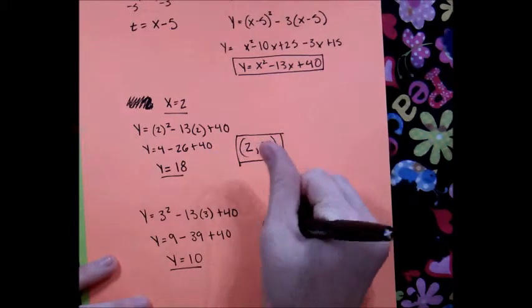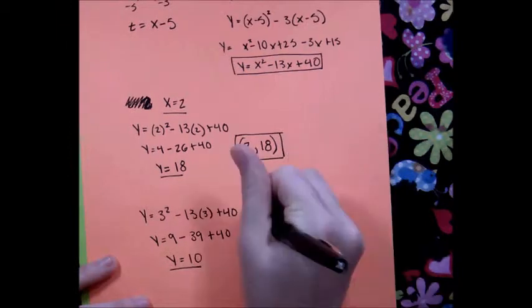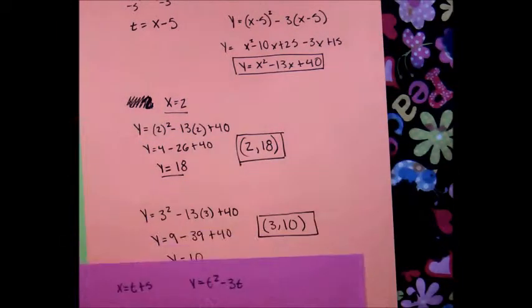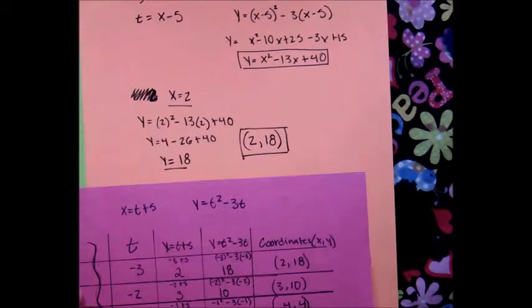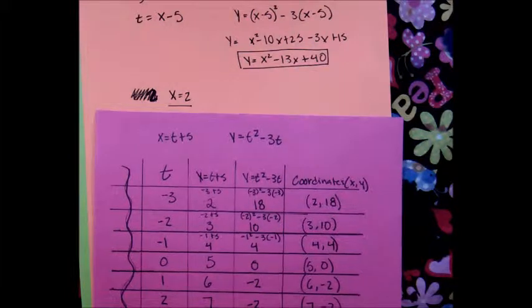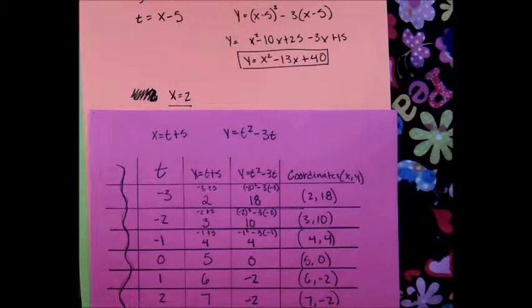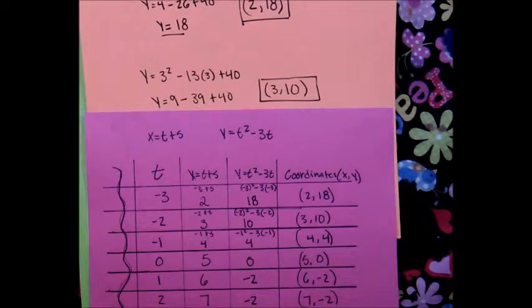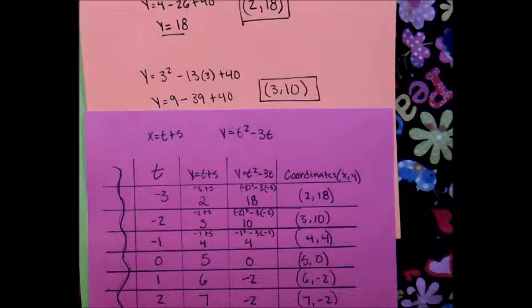And we're going to simplify it. So y equals 9 minus 39 plus 40. And after we add it all up, y equals 10, so our second coordinates are 3, 10, and it matches our table right here. As you can see, our first coordinates were 2, 18, like we solved, and our second pair of coordinates was 3, 10, like we just now solved.